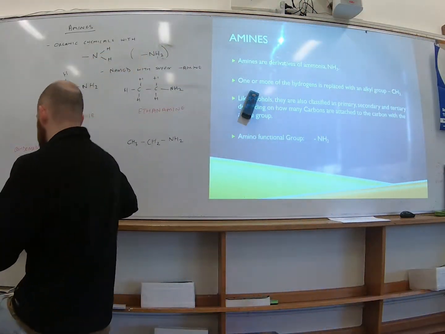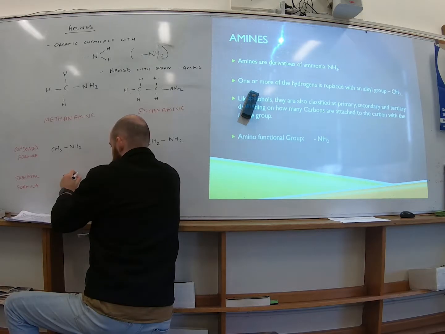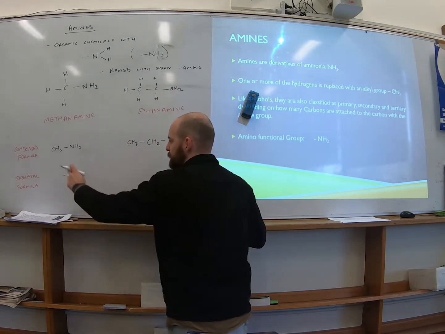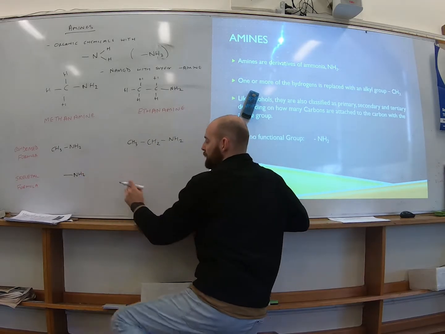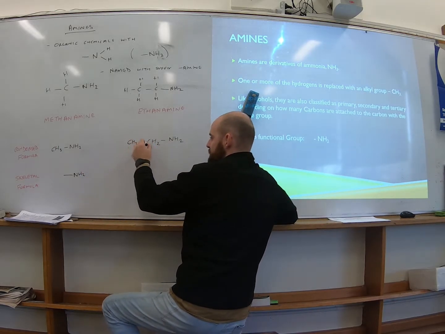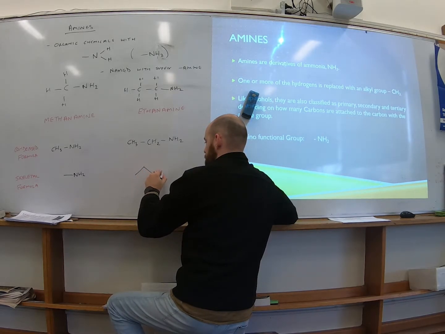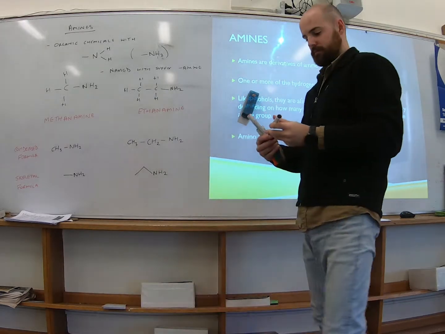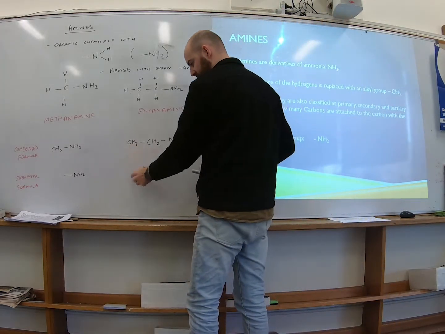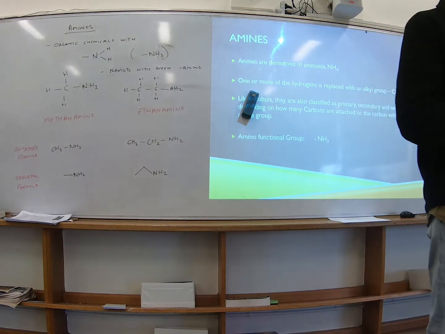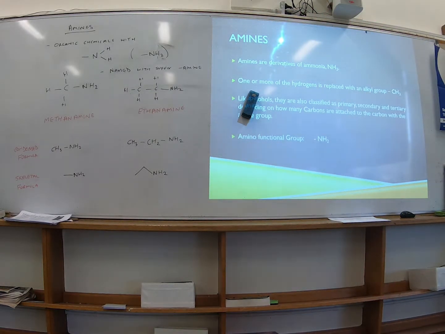For a skeletal formula, we don't draw any carbons, we just draw our functional group and the bonds in between the carbons. So this one, like that. We're just pretending that that carbon is there, that carbon is there. Just a really slack way of drawing organic chemicals.